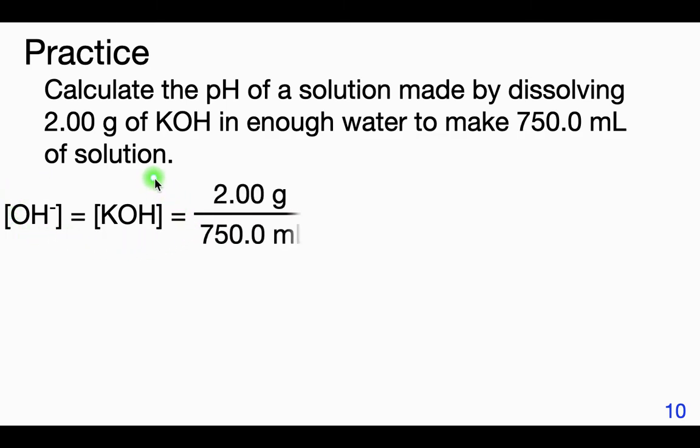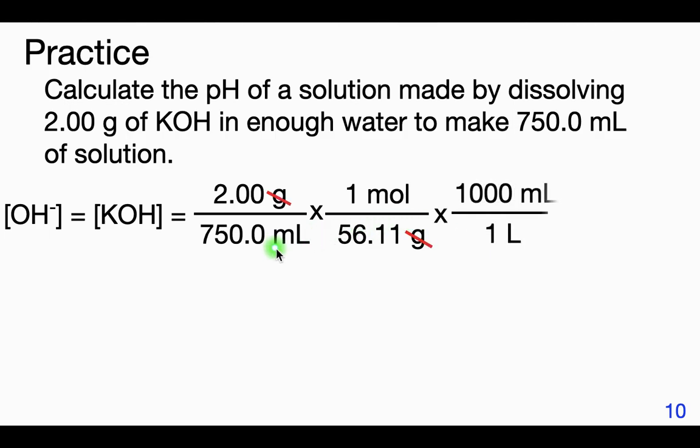So we have 2 grams of potassium hydroxide in 750 milliliters of water. We need to convert the grams to moles and the milliliters to liters.